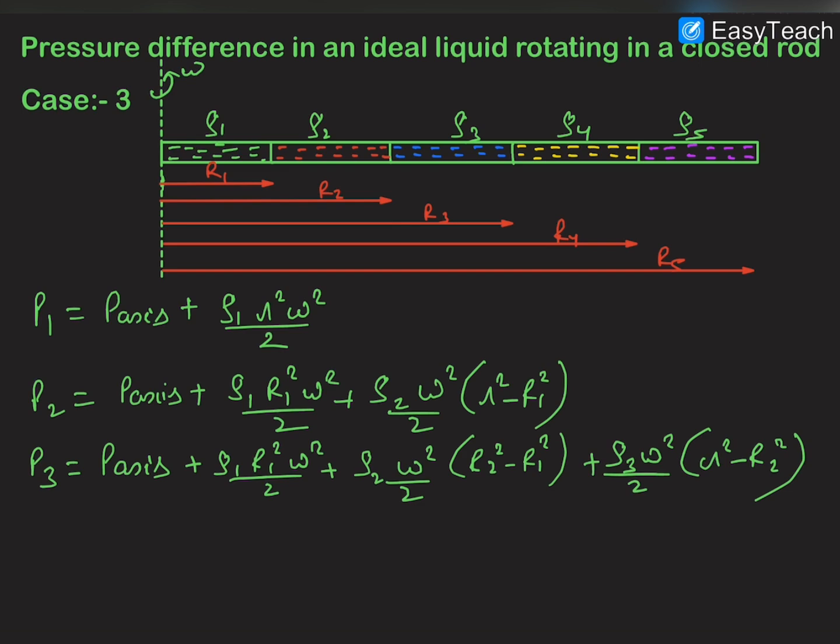Let us write down the pressure in liquid 5 directly. So the pressure in this liquid would be the sum of P axis as well as the total pressure of the previous liquids.